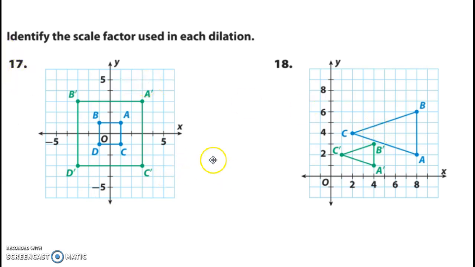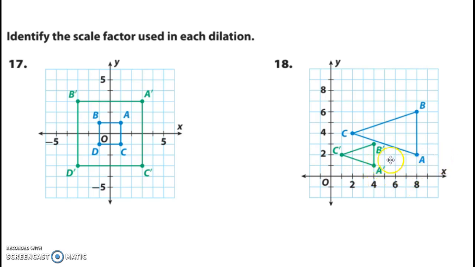Number 18. Okay, we cannot use these diagonal lines on these triangles. So we're going to have to use A to B and A prime to B prime. So this is our new figure because it has the prime marks. So we know it's smaller, and that means the scale factor is going to be between 0 and 1.